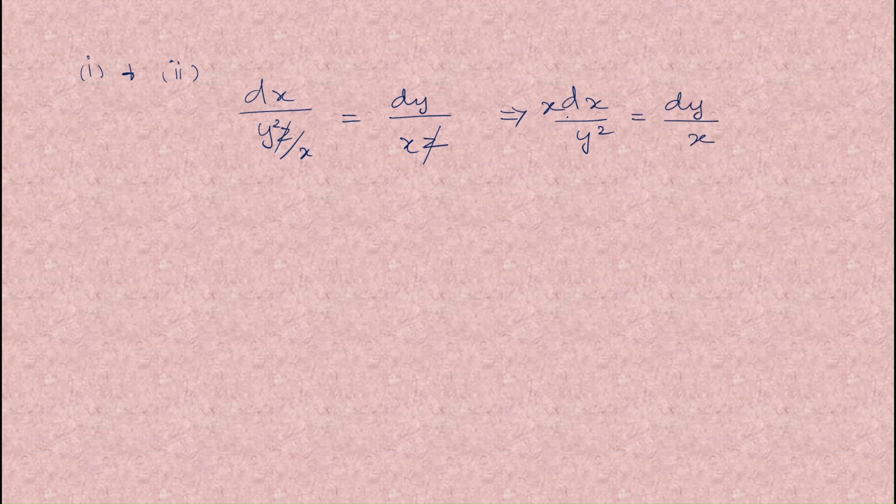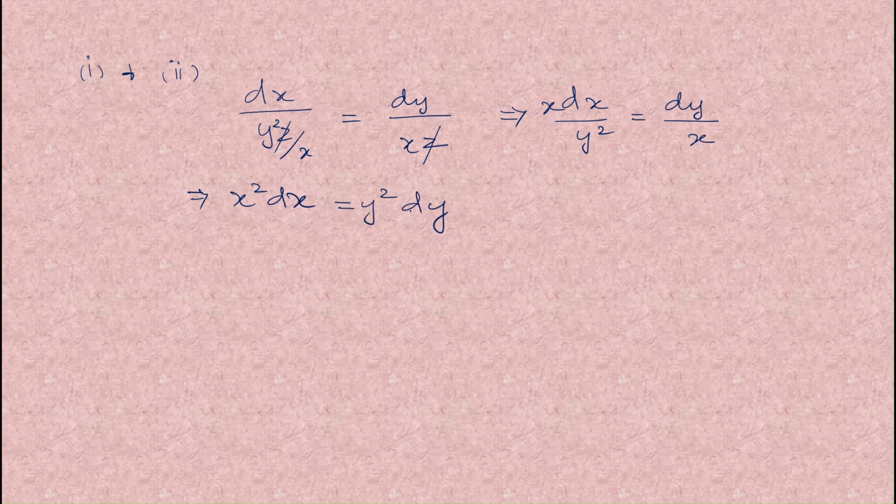Again we can separate the variables according to the derivative, so this x can be taken to the left side as x square. So x square dx is equal to similarly y square dy.